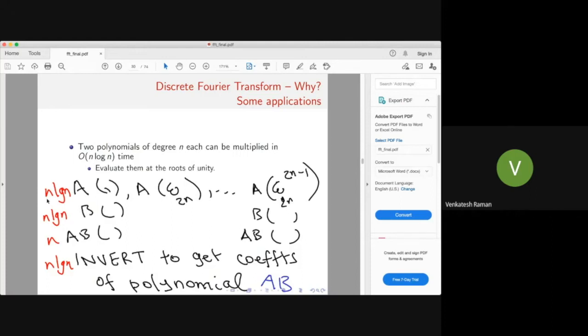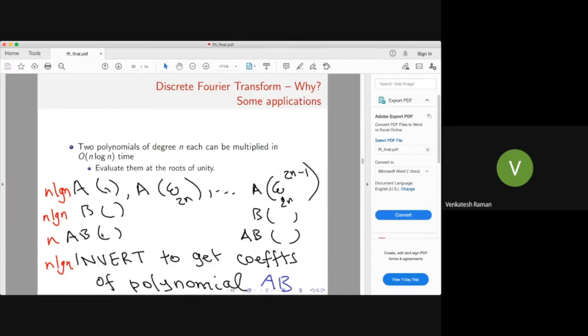It's a big O of n log n. Evaluate the polynomial B again on the same 2n roots of unity. Do a pointwise multiplication of these terms. So in n log n time, you have evaluated the product polynomial AB in these 2n roots of unity.